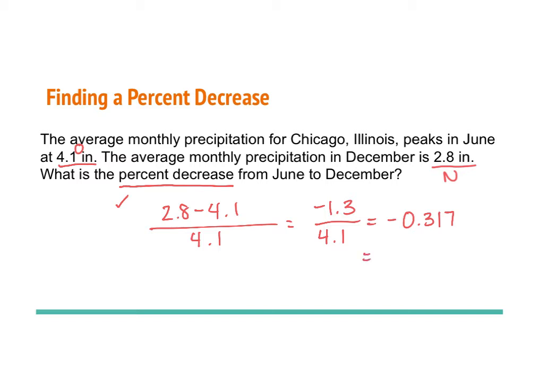And this written as a percentage will be negative 31.7%. Remember, you just move that decimal place over 2 spaces. And so we have a 31.7% decrease.